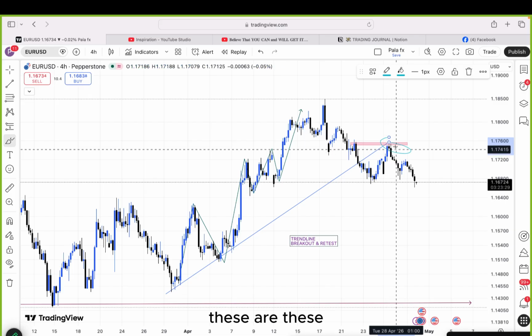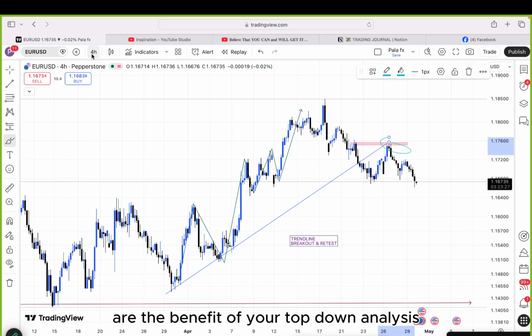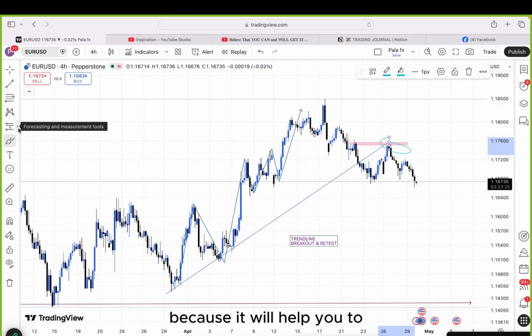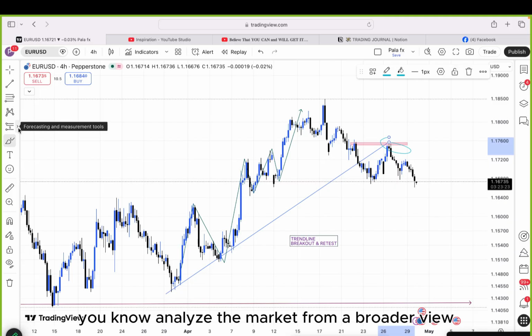These are the benefits of your top-down analysis, because it helps you analyze the market from a broader view to the smaller view, and you can easily identify patterns and trends.